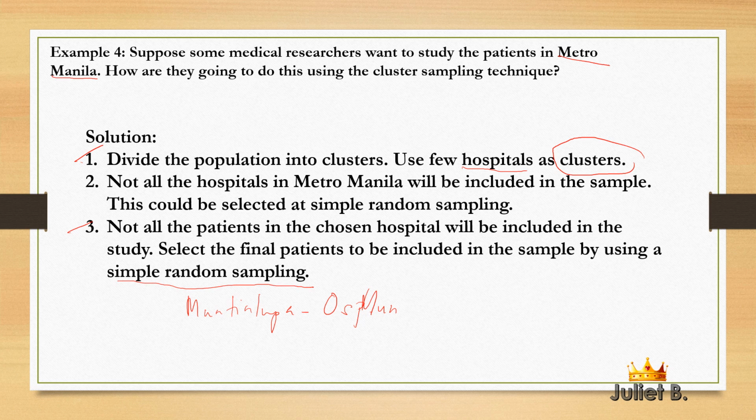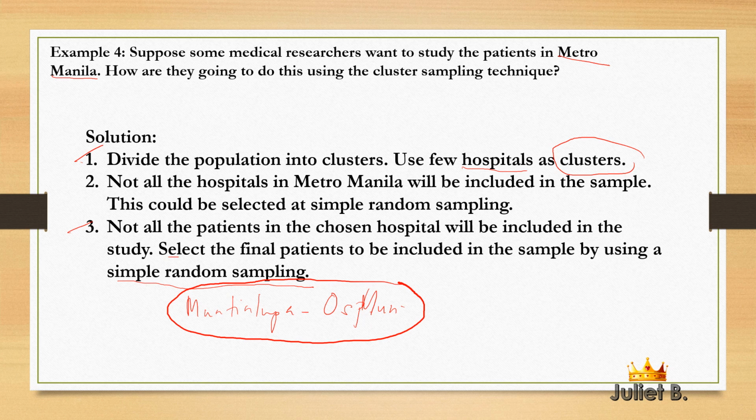So dito kanina, inisa-isa natin lahat ng ospital ng NCR. Tapos kung ilan man yung cities na yun, with corresponding hospital, bumunot tayo or nag-draw. For example, napili natin ang Muntinlupa at ang Muntinlupa ay may ospital ng Muntinlupa. Sa number 3, hindi rin daw lahat ng pasyente ng ospital ng Muntinlupa ay kasama bilang sample.